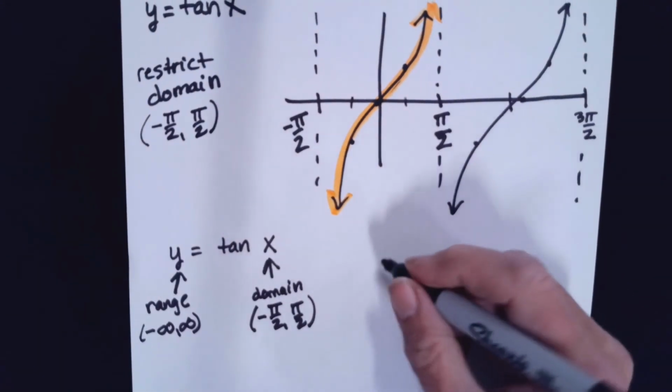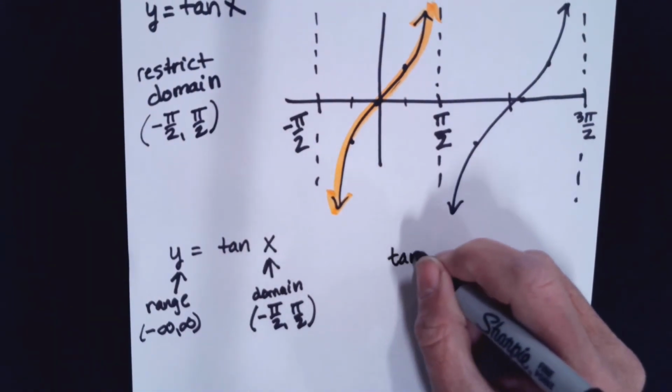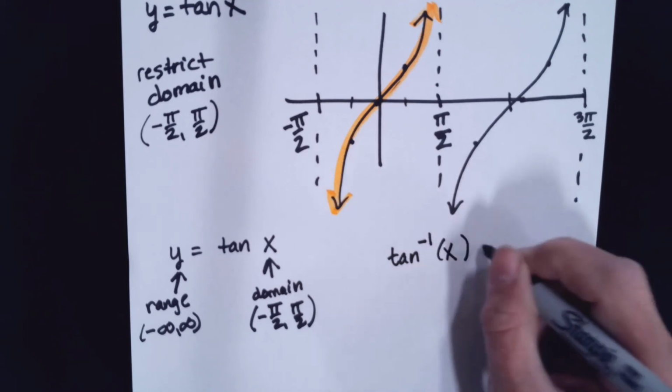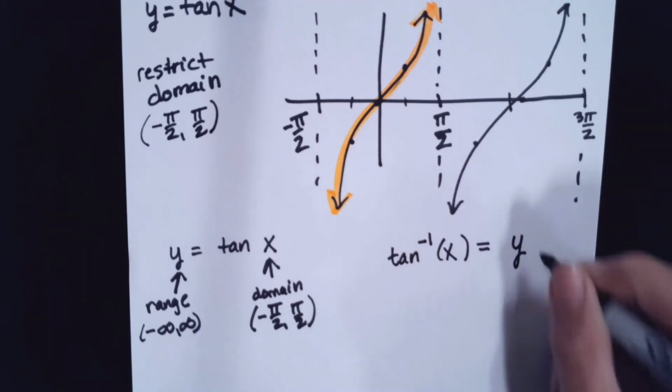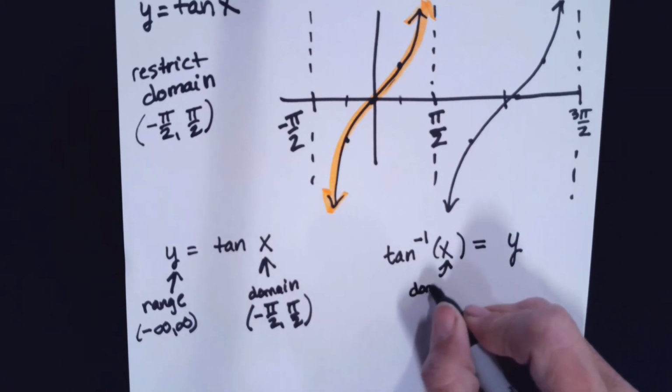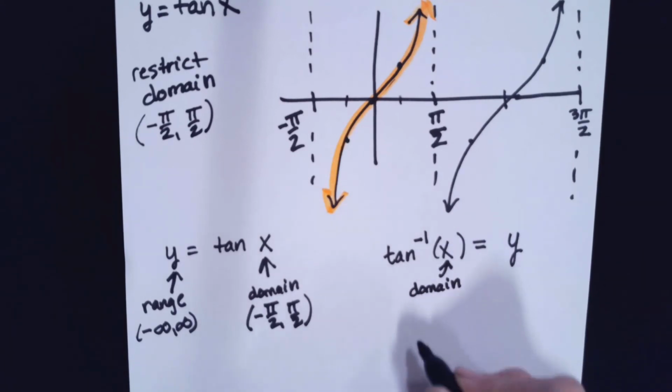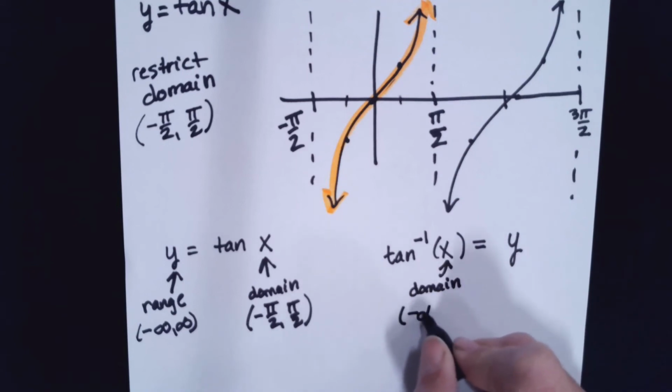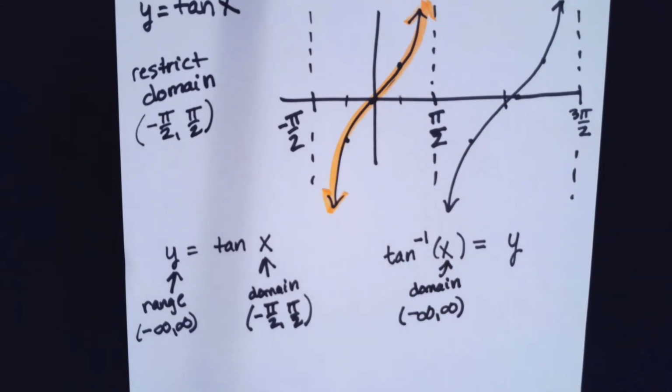So then for the inverse, inverse tangent or arctangent, the numbers we can put in our inverse function, our domain for the inverse function, is going to be any real number, negative infinity to positive infinity.